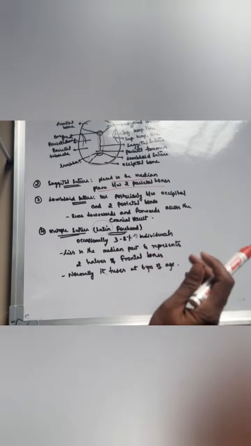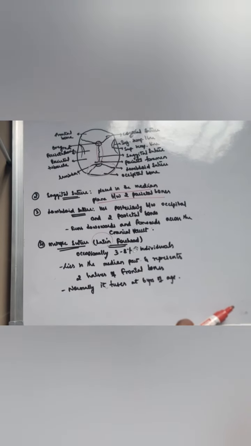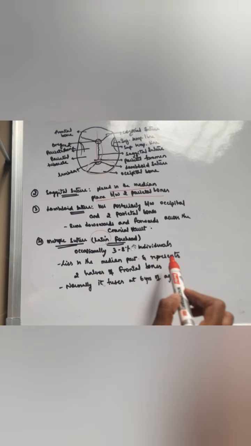The fourth suture is the metopic suture. In Latin, metopic means forehead. So hence this is present here, between the two frontal bones. Actually, this is present occasionally. It is not a normal suture.